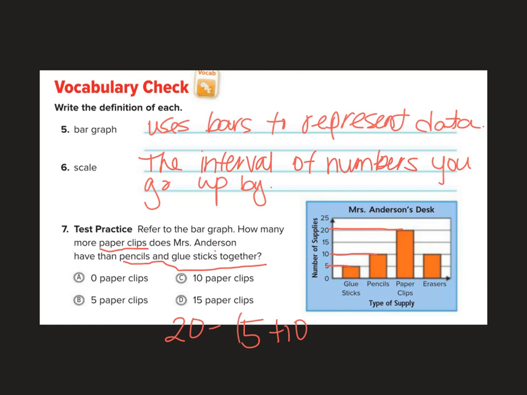Okay, so I'm going to do my little formula I did last time. Equals my unknown. So 5 and 10 makes 15. 20 minus 15 equals x. 20 minus 15 is 5. So she has 5 more paper clips than pencils and glue sticks combined.